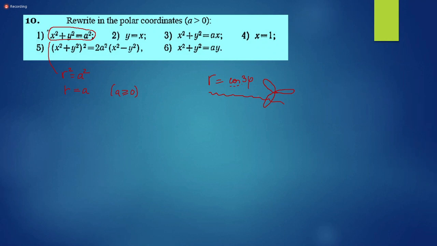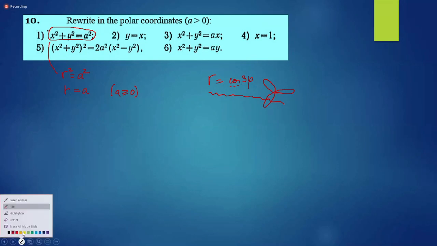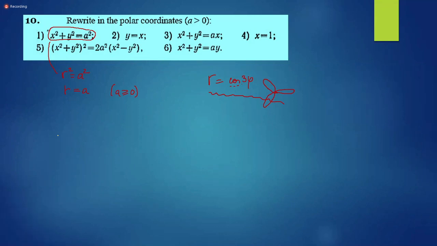Okay. Now, number 2, y equals x. I will choose something lighter and brighter. If y equals x, we already know, so r sine phi equals r cosine phi. If we use direct mathematics, we can divide out r if it's not zero, and basically we see this is the line where sine and cosine are equal, or if we divide both sides by cosine, we get tangent phi equals 1.